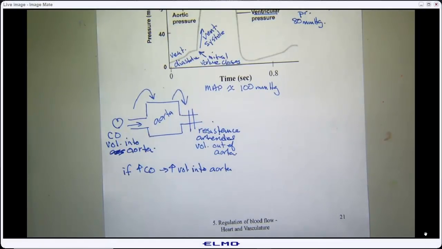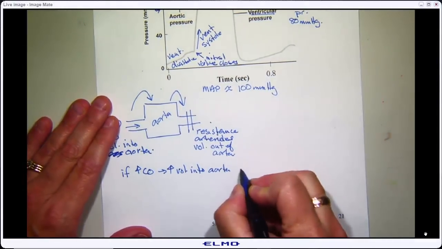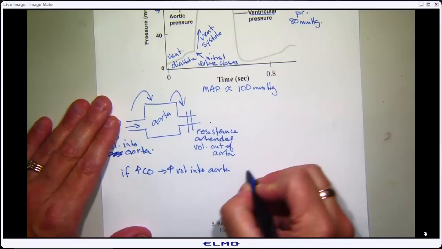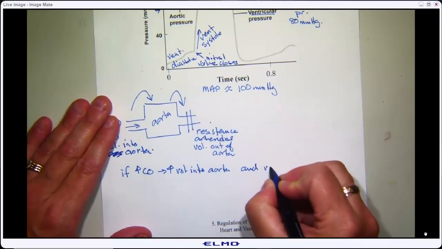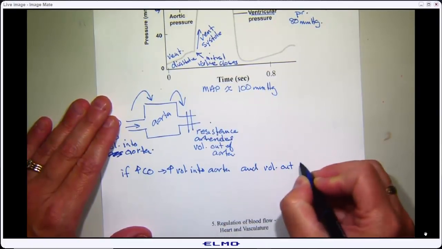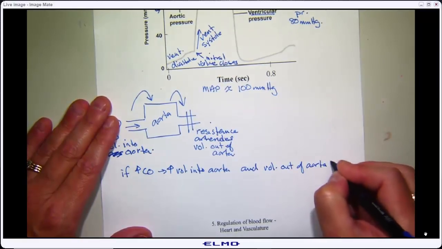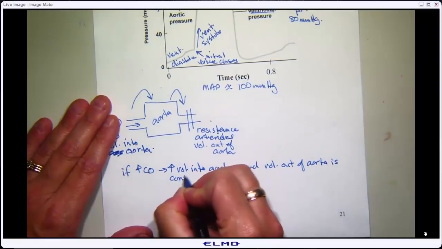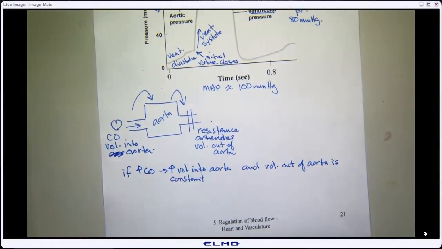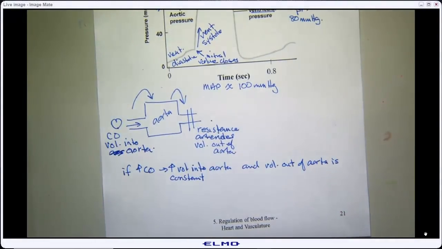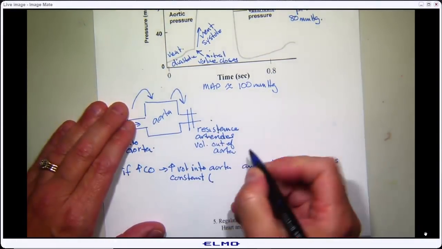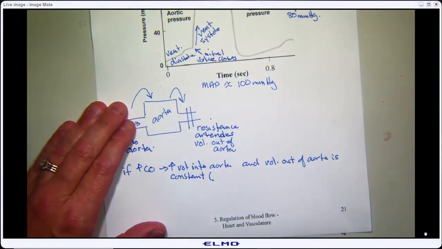Let's say they stayed constant. So volume out of the compartment remained constant. So volume out of the aorta is a constant. So that really means the arterioles didn't change.